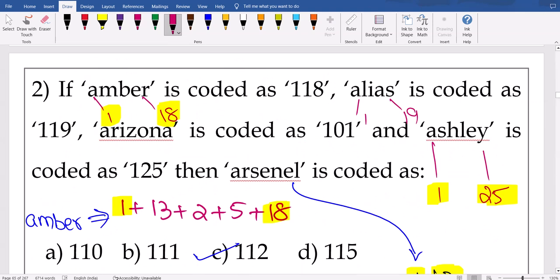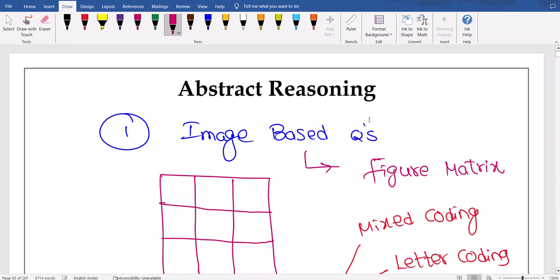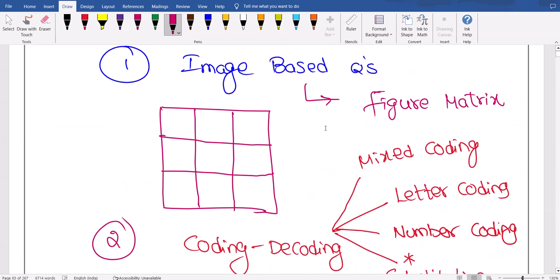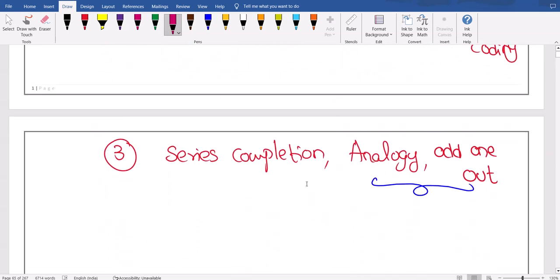As mentioned earlier, in abstract reasoning, image-based questions have not yet started, but 3 to 4 questions are very important. In coding and decoding, they are asking all 4 models. Right now we're discussing that. Series completion we completed. Analogy we are done. Odd one out we are yet to handle.